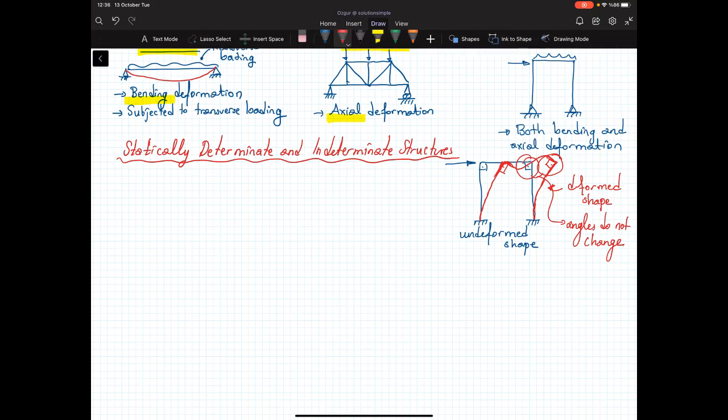Let's take a look at that. So I'll use the same classification. On one side, I have a statically determinate beam, versus a statically indeterminate beam.